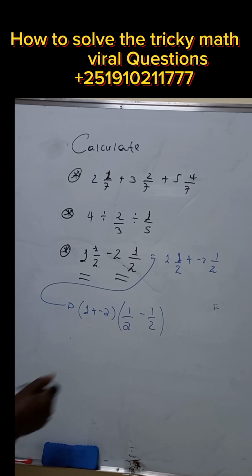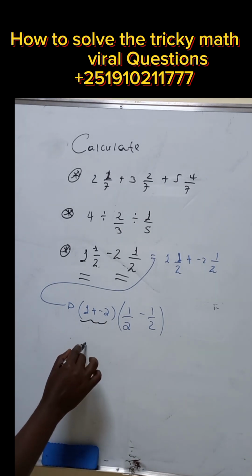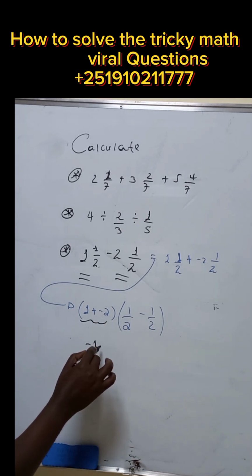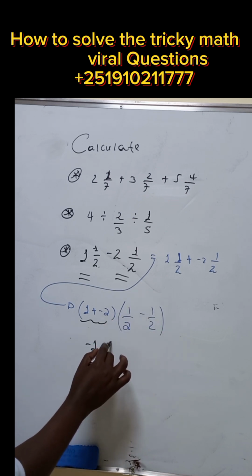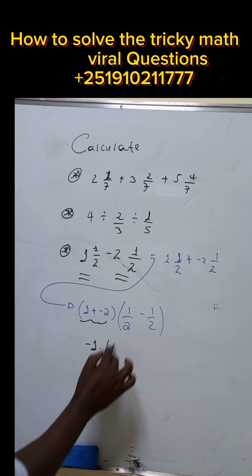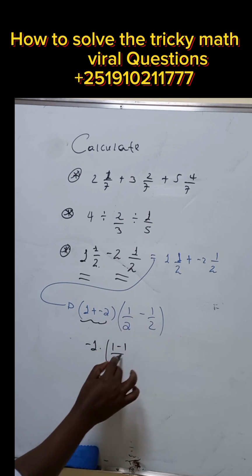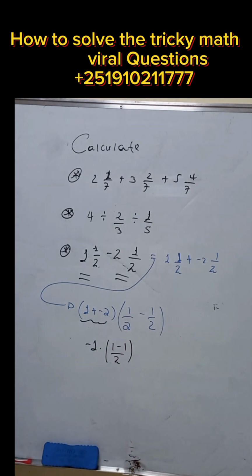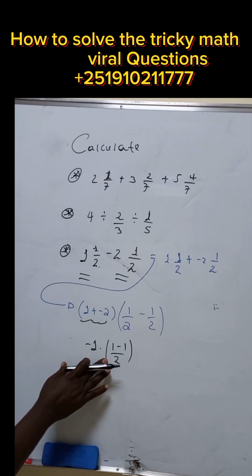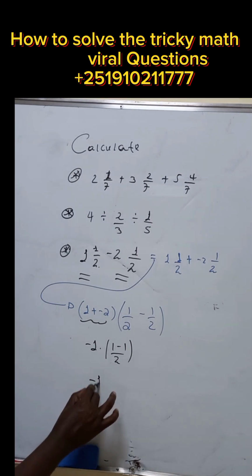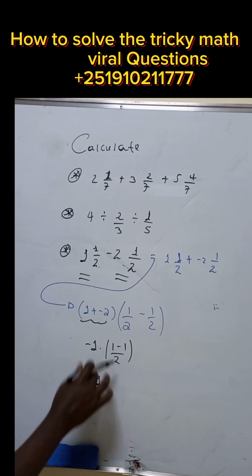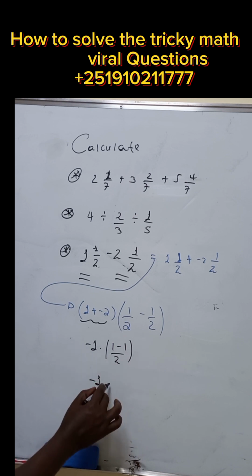So when you add this, what's the sum for this? That's negative 1. Negative 1 whole. What's the difference of this one? Since they have the same value, 1 minus 1 over, take one of them, 2. Take one of them, that is exactly 2. And this is going to be negative 1 whole, 1 minus 1 is immediately 0 over 2.